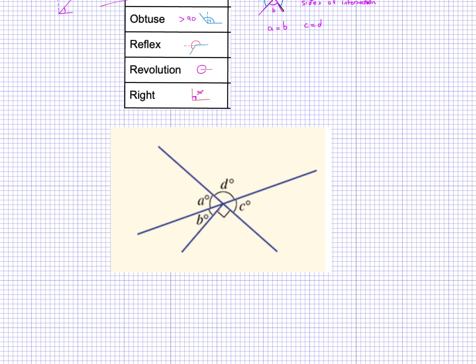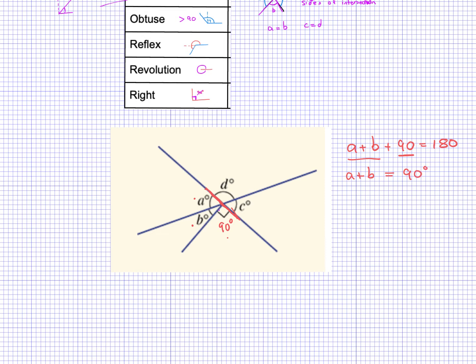So we could write in here that this is 90 degrees. A straight line needs to have 180, which means that A, B, and 90 together make 180. Because I already have 90, that means that A and B must be the other 90.